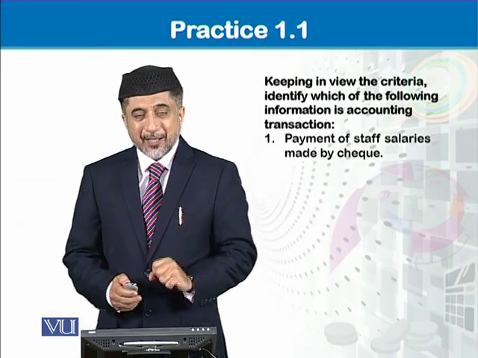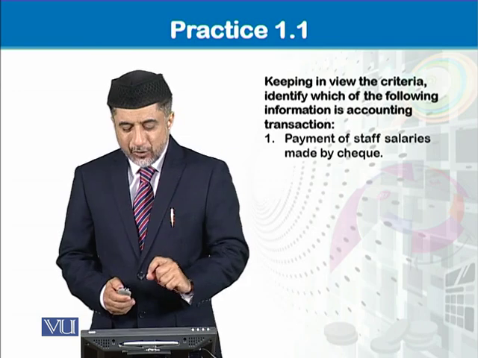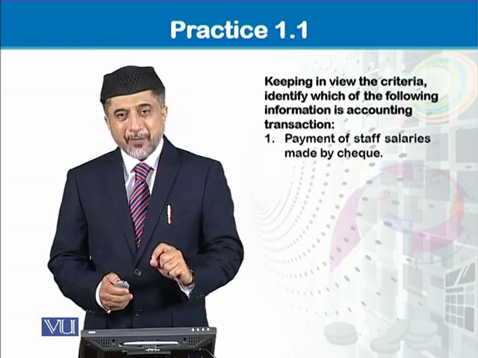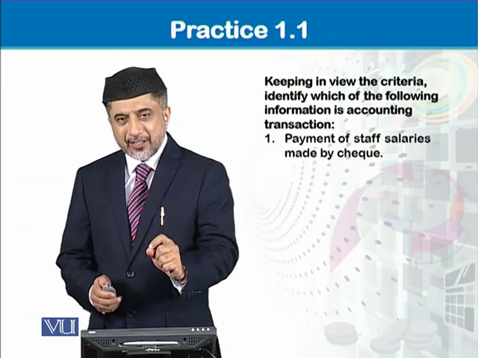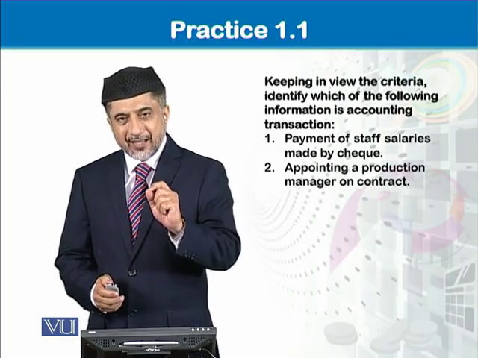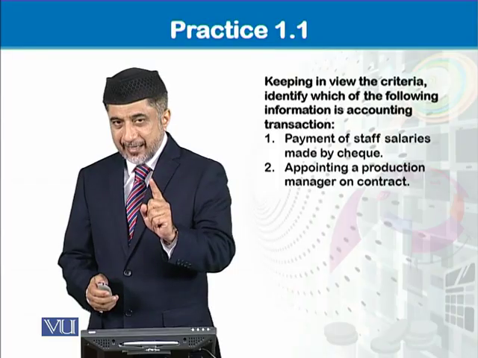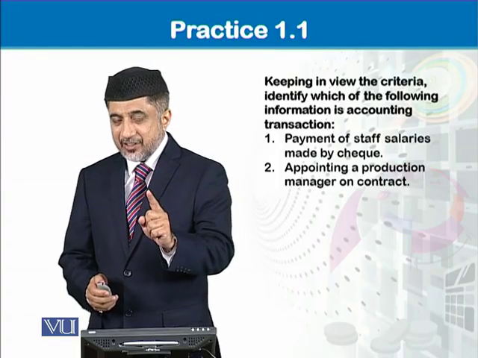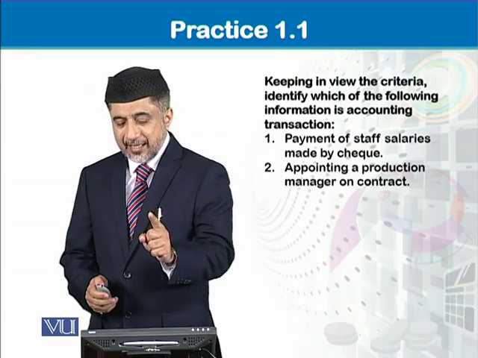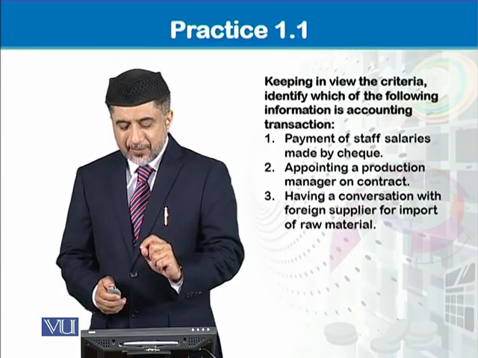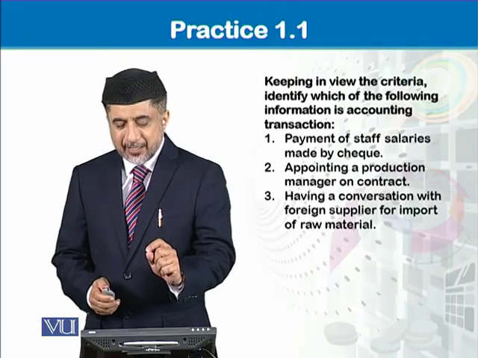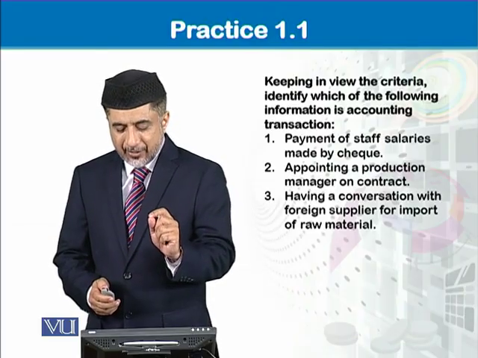So please be attentive. Payment of staff salaries made by check. Is this an accounting transaction or not? Just process it in your own mind. I'll come up with the answer right after discussing these points. The second is appointing a production manager on contract.